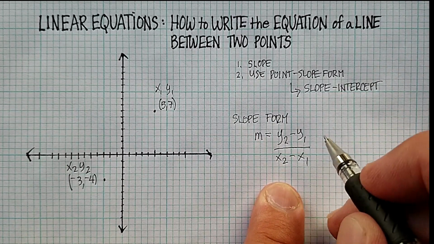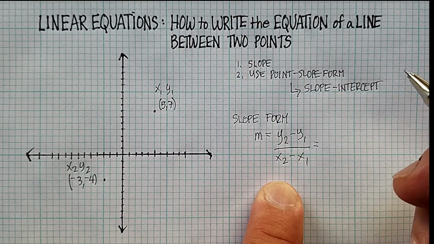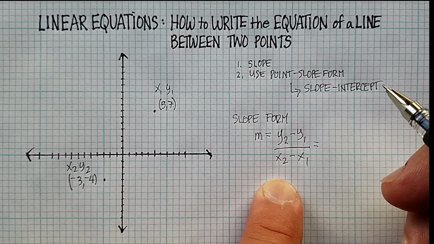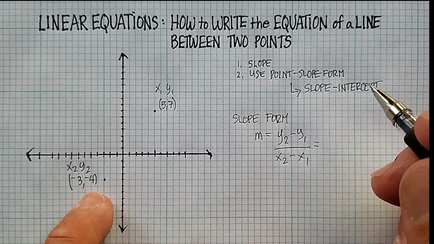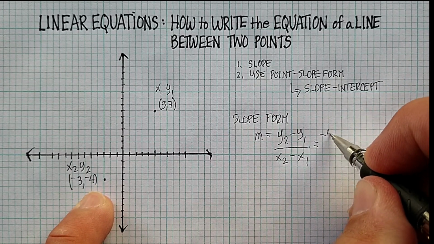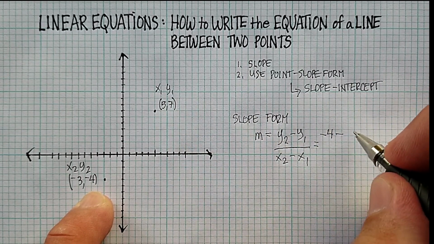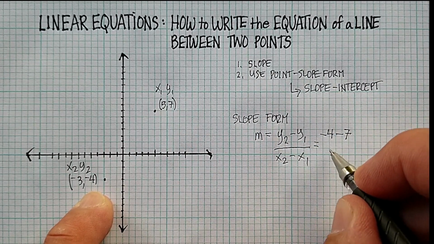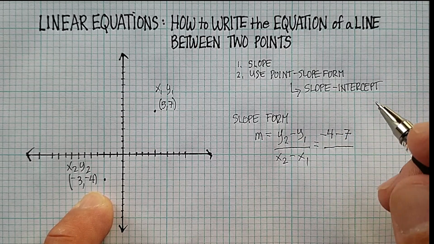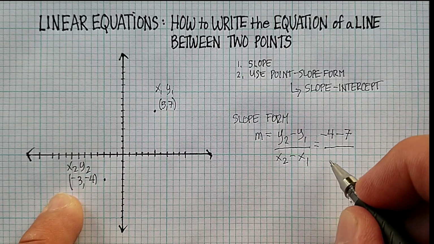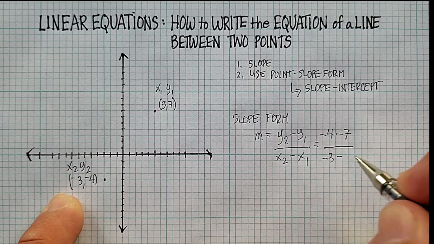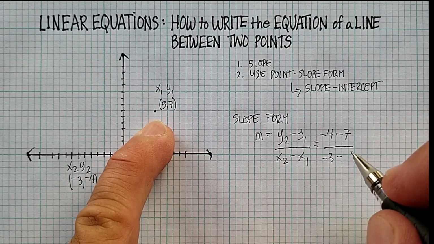And now we just go ahead and plug in the numbers where they are relevant. So y2 will be -4. We'll say -4 minus y1, which is 7, and then we're going to divide that by the x2, which is -3 minus 5.